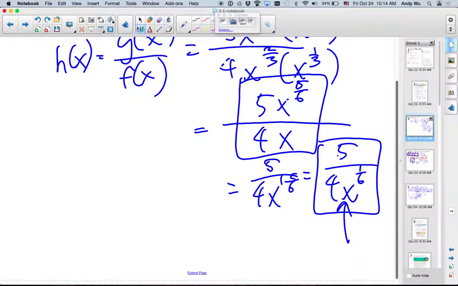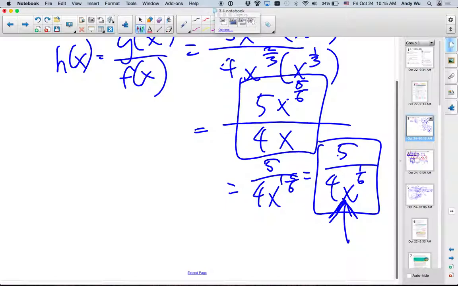Just by looking at the simplified version of h of x, I should say, h of x isn't actually equal to that; that's a simplified version of h of x. Even just looking at that, the domain has to be non-negative because of the 6, and also not 0 because of the denominator.